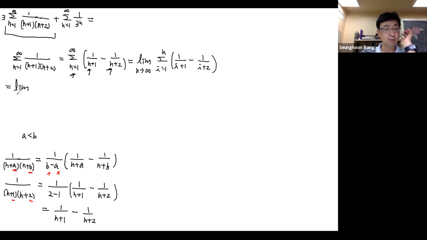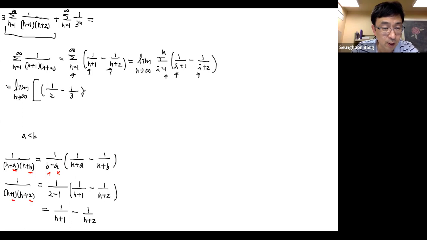Keep the limit as n approaches infinity. For the first term, plug 1 into i: 1 over (1 plus 1) is 1 over 2, minus 1 over (1 plus 2), which is 1 over 3. Plus the second term, plug in i equals 2: 1 over (2 plus 1) is 1 over 3, minus 1 over 4.